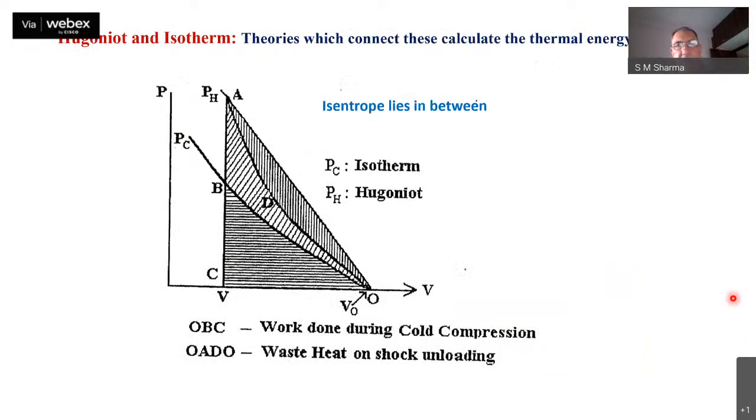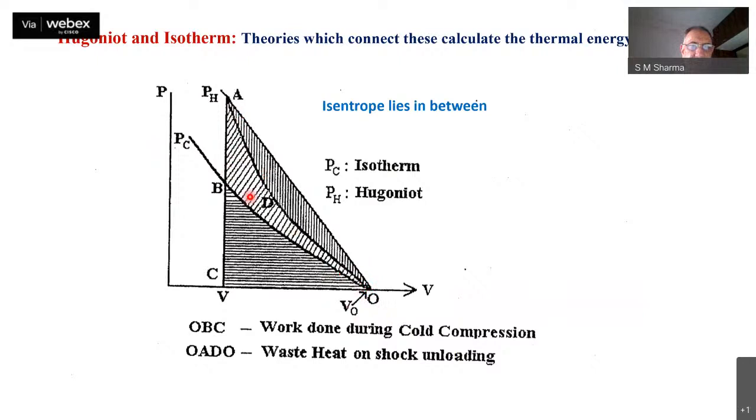A few more words about the Hugoniot equation and its relationship to the isotherms. This is a compression curve of an isotherm. It's always lying lower than that of the Hugoniot. So this is a Hugoniot, this is an isotherm.